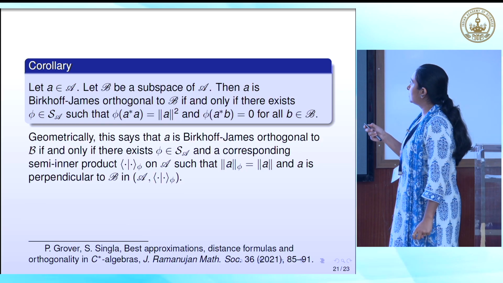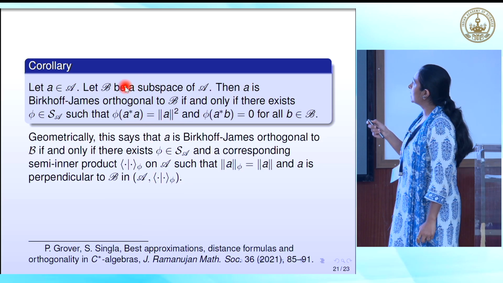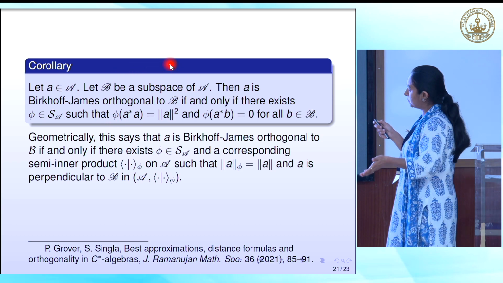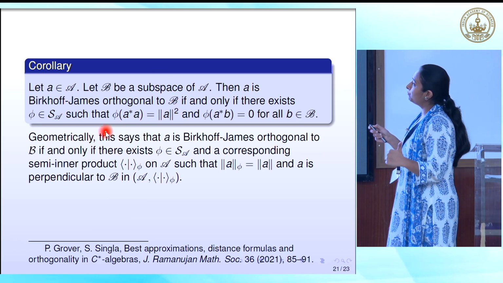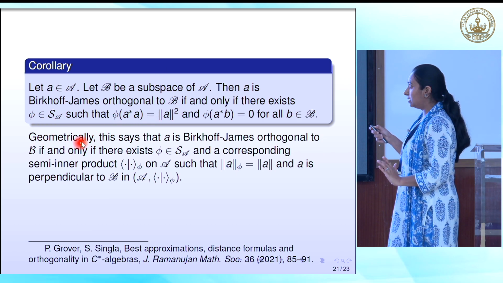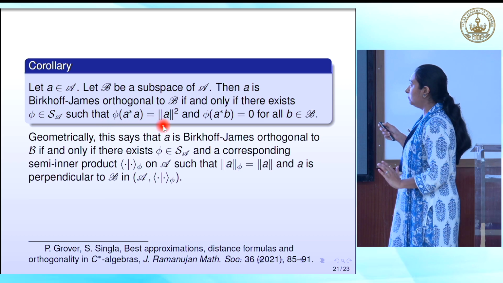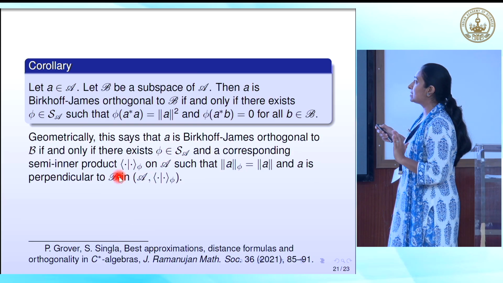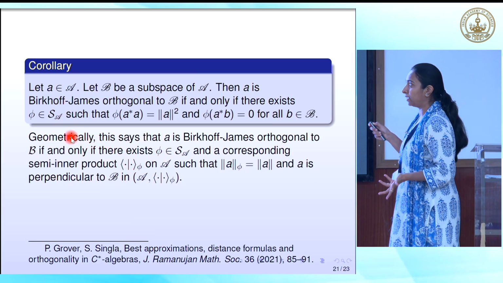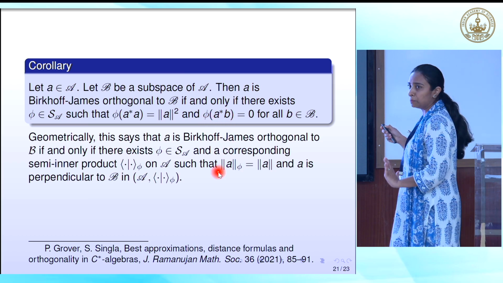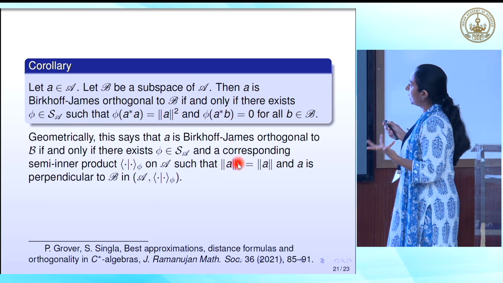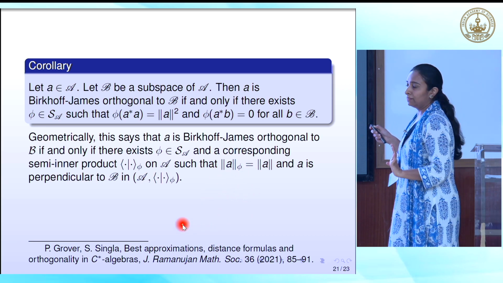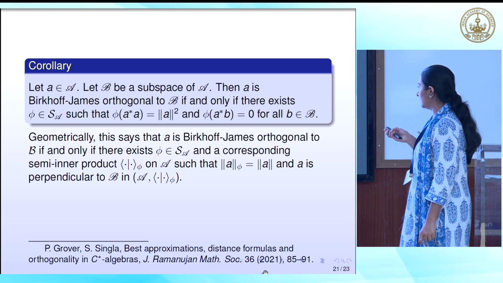So what we just said in terms of Birkhoff-James orthogonality is that if you take a subspace of a C-star algebra, an element of the C-star algebra outside the subspace, then it's orthogonal if and only if there is a phi from the state space such that at A star A it attains the norm, and at A star B it's 0. And there is a semi-inner product with respect to every such phi, which is precisely given by phi of A star B. So it's exactly the same as we were doing in matrices, but the only difference is this time it's coming from this phi. So again, this was done recently.